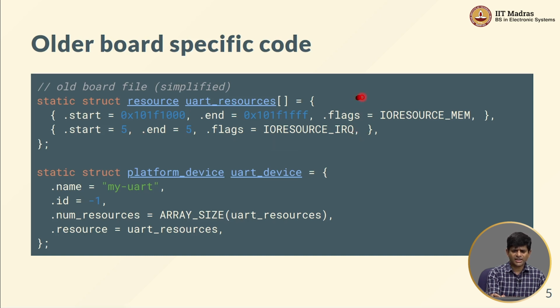So if we think about it, the kind of information that this is providing is, this first entry over here is telling you what is the memory map range, right, the starting address and ending address that you require in order to map your particular device into memory. The second one is saying I have an interrupt associated with my UART. For example, it might be that every time I have received a new byte on the UART, I generate an interrupt.